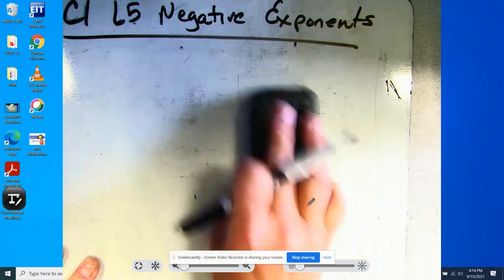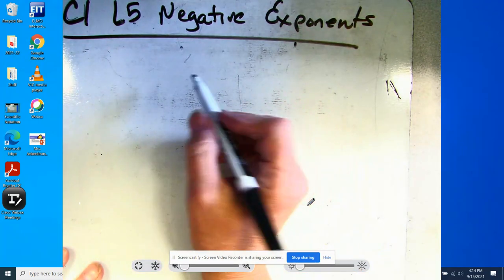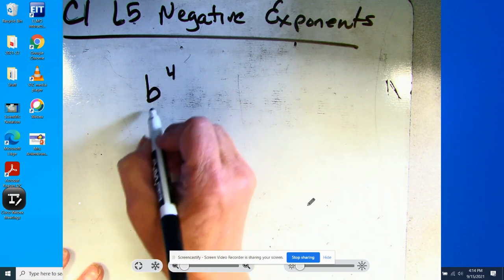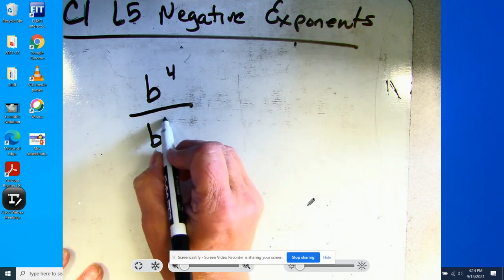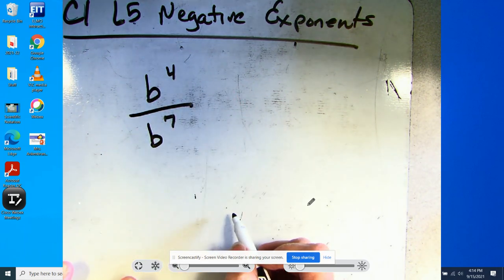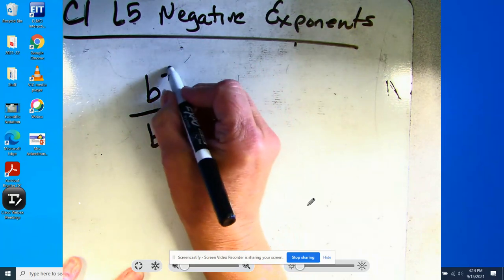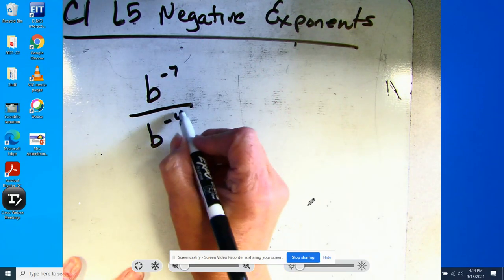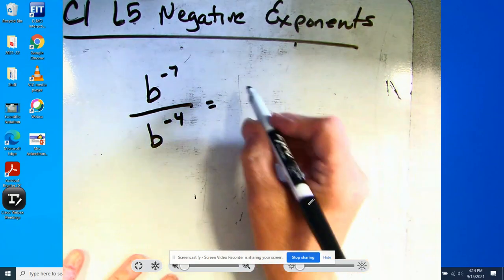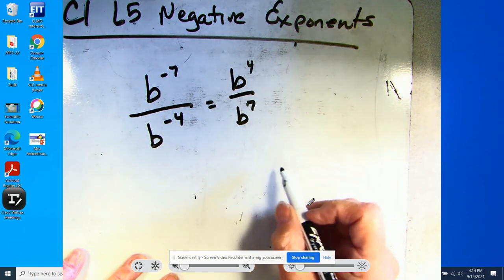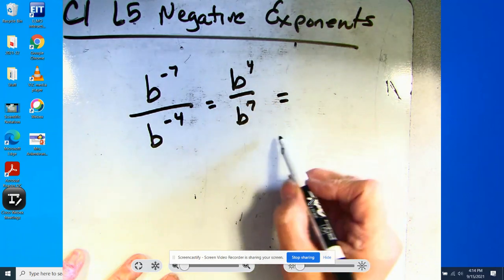Okay, let's try something else. What about b to the power of negative 7 over b to the power of negative 4? Sorry, let's try that again. Okay, so we flip this over. That becomes b to the 4th over b to the 7th. Now we're going to subtract.